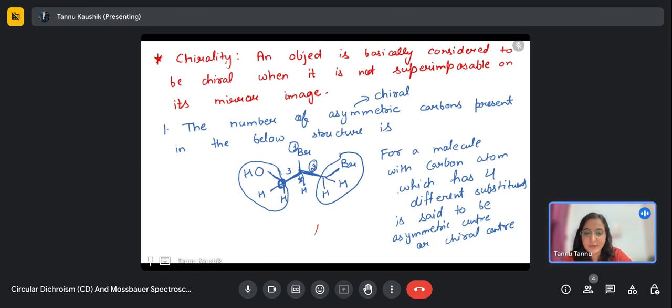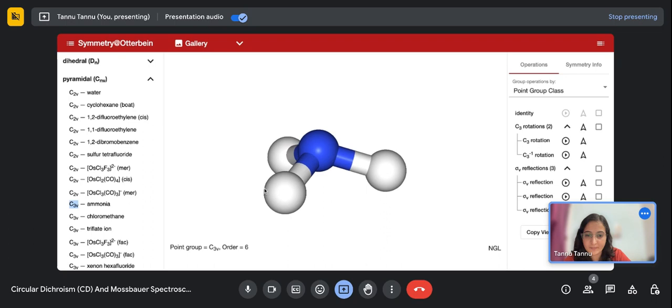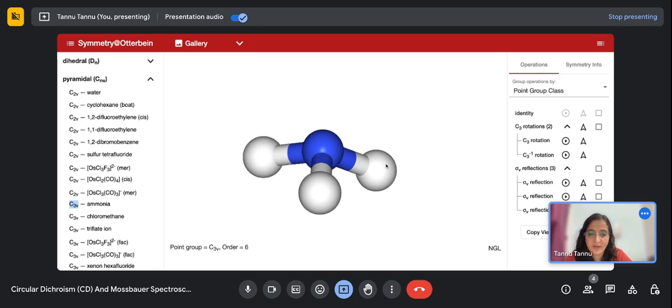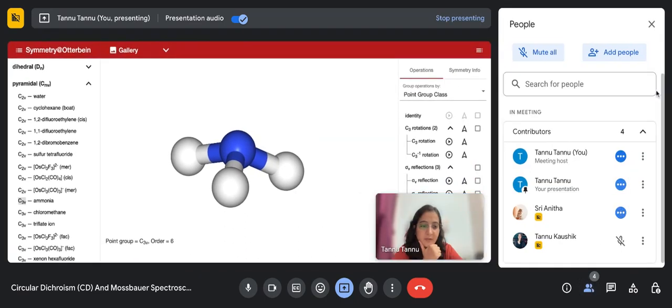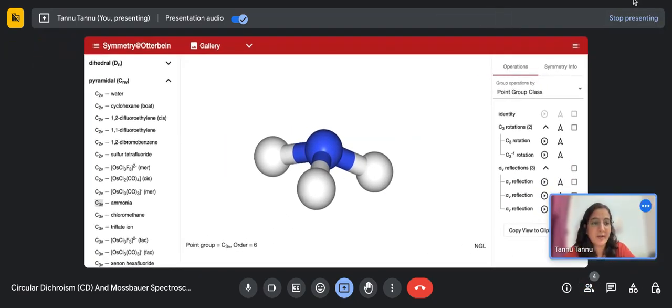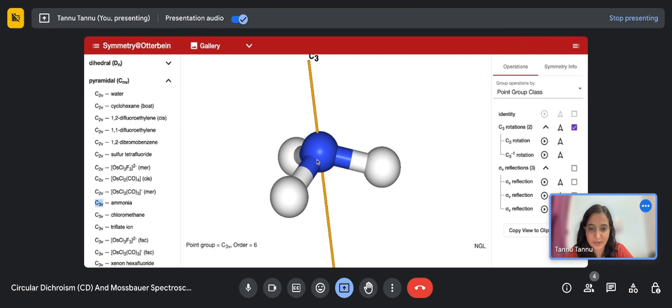Can you see this molecule? This is ammonia molecule. Anita, can you see this? Yes, ma'am. Okay. Great. So here I'm showing you how this C3 axis of rotation is present in this molecule.